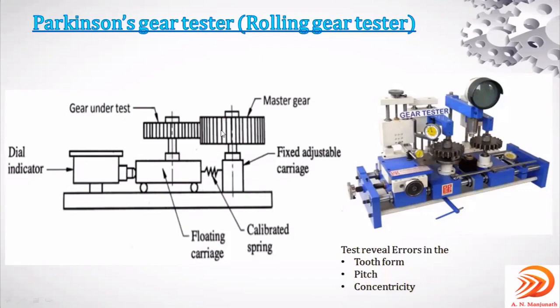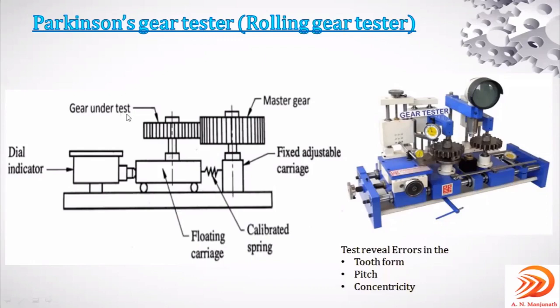You can observe this is the master gear, or you can call it the standard gear. In order to test a component, you need to have some standard, some master, and this is the master gear. With reference to this master gear, they will check another gear, the gear under test.